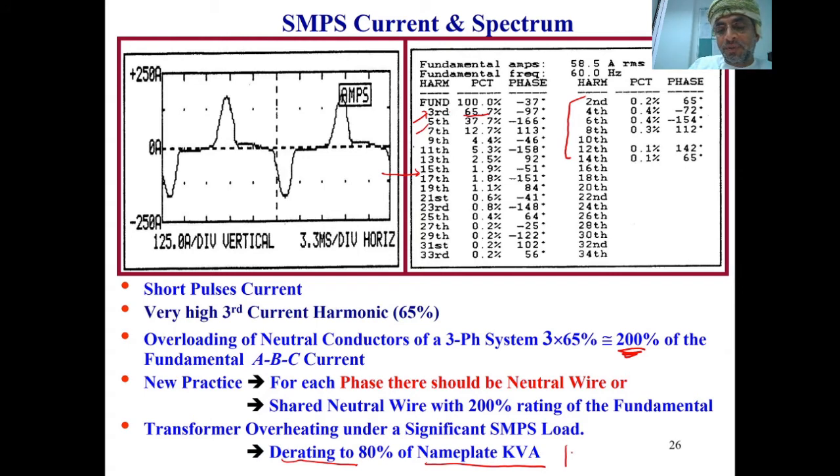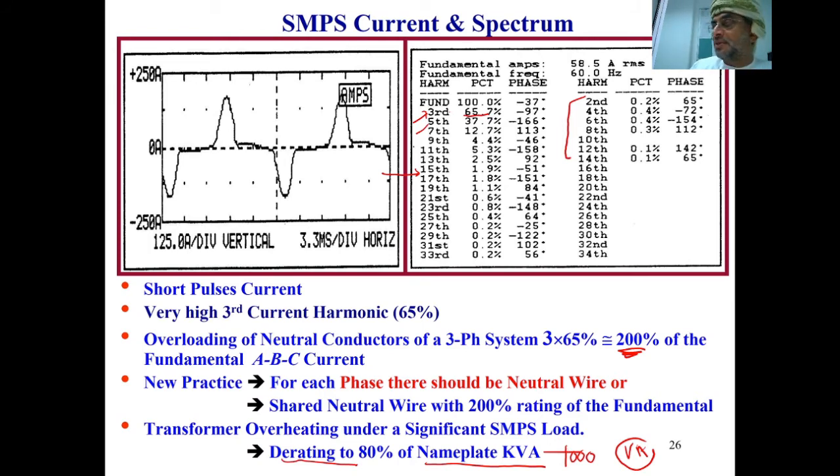If our selected transformer is 1000 volt ampere, then we need to make sure that this transformer is supposed to work at only 80% of 1000.